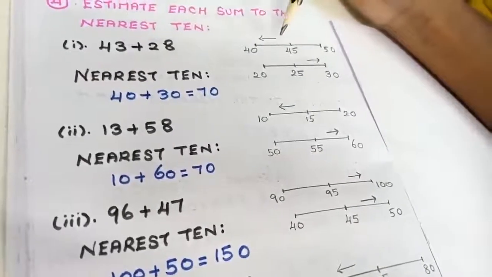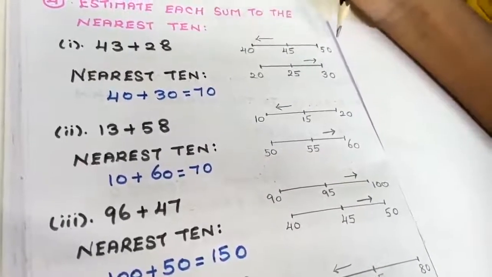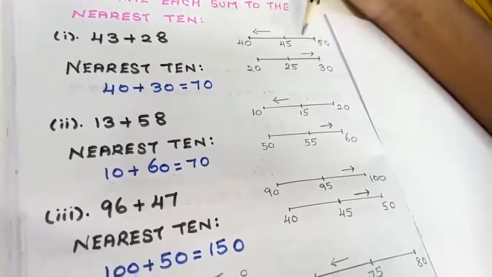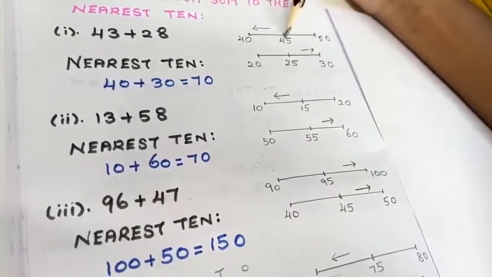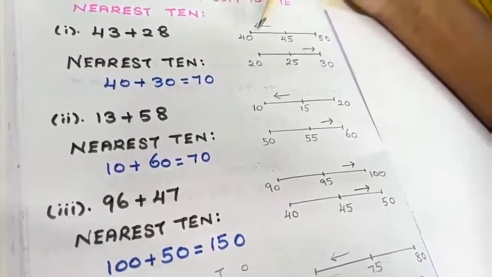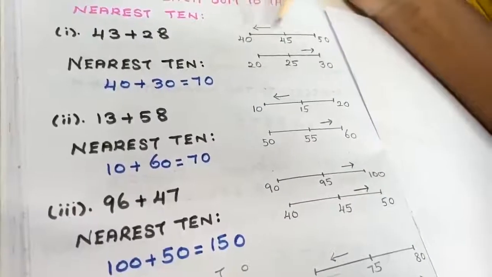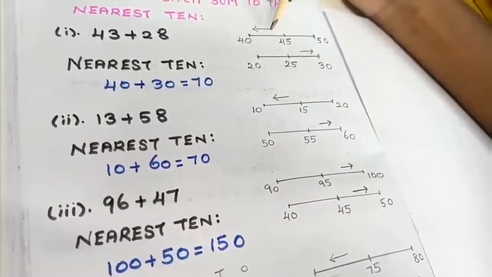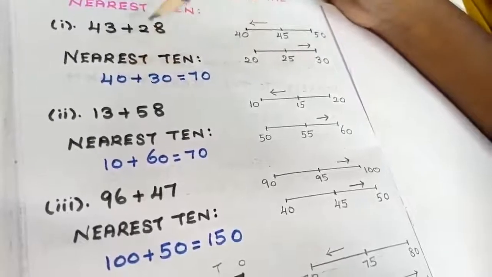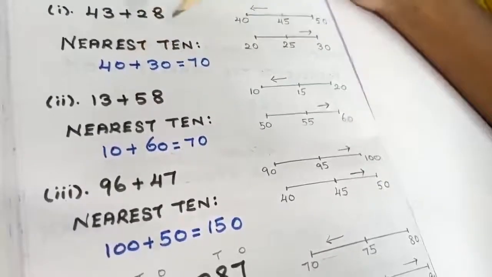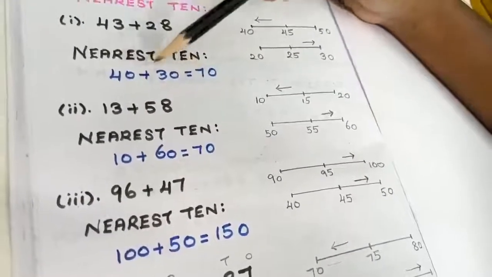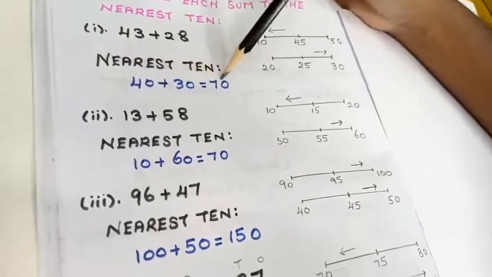For 43, I am going to take the range. Between 40 and 50, I will have the number 43. That is 40, 45, 50. The number 43 will be between 40 and 45. So the nearest 10 here is 40, and similarly for 28, the nearest 10 is 30. Add the numbers, you will get the answer 70.